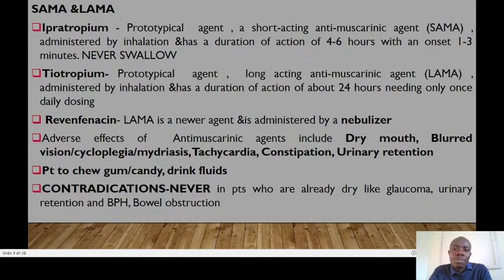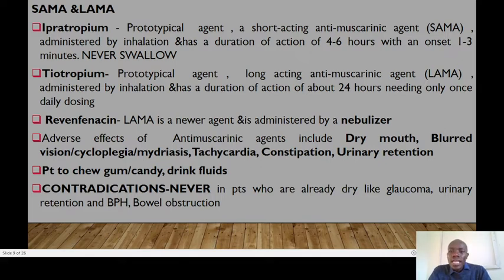When you talk about the SAMAs and the LAMAs, ipratropium is a prototype agent for the short-acting antimuscarinic agent. It's normally administered by inhalation and has a duration of action of about 4 to 6 hours with an onset of about 1 to 3 minutes. This drug should never be swallowed, and that's what you really want to insist on and talk to the patient about.